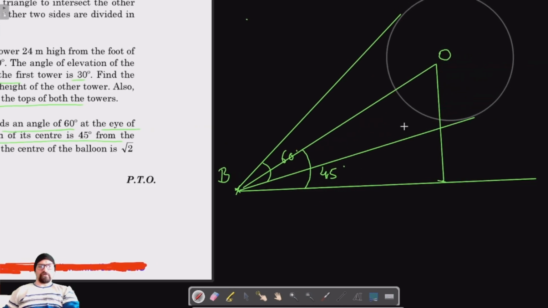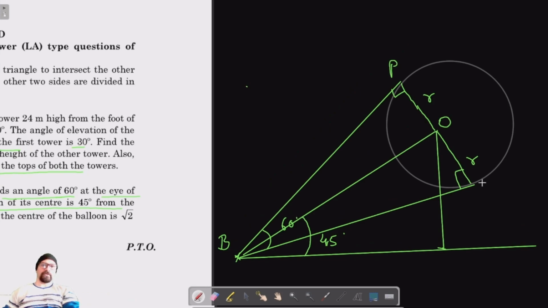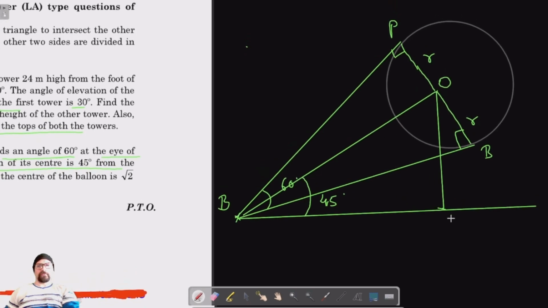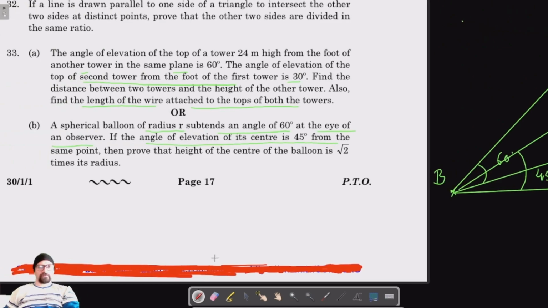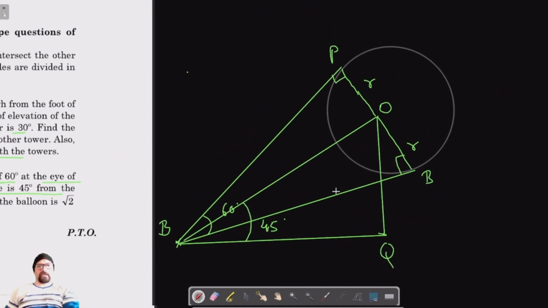Now if I join this with the contact point here, so this is the radius. This is also the radius, and we know that radius is perpendicular to the tangent at the point of contact. So let me give these points P and B, and let's say this point is Q. Okay, this is how this question is represented as a diagram.